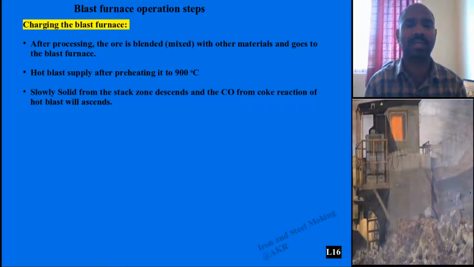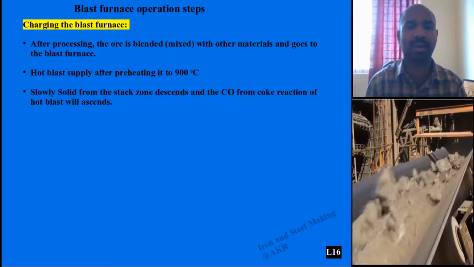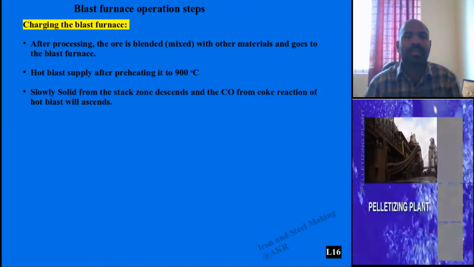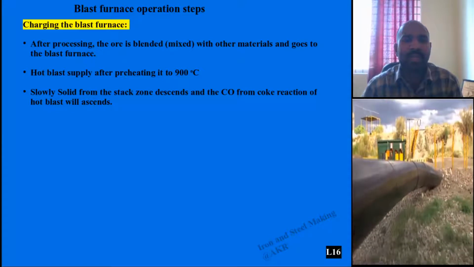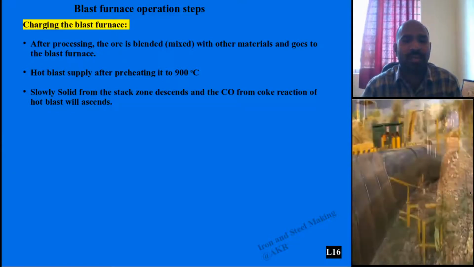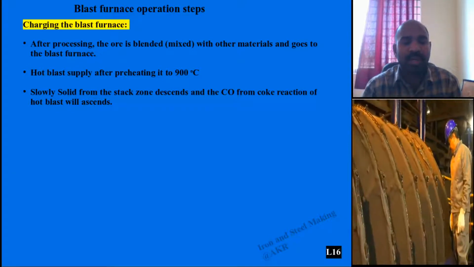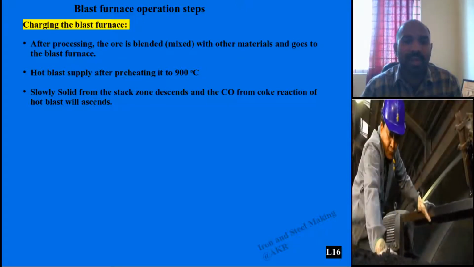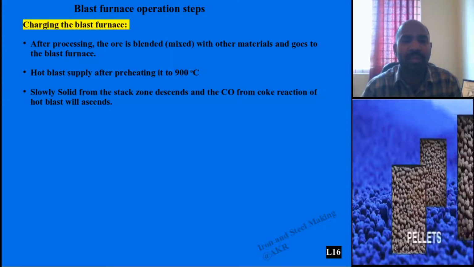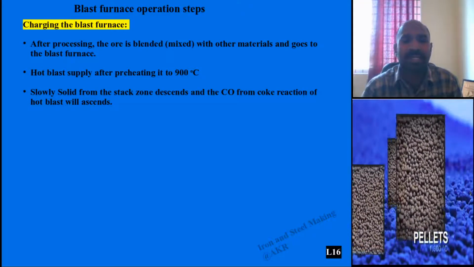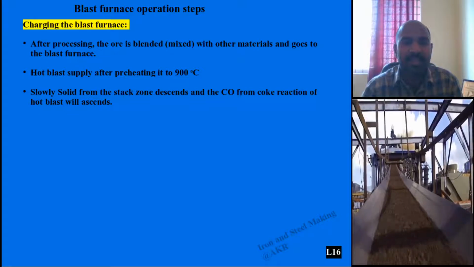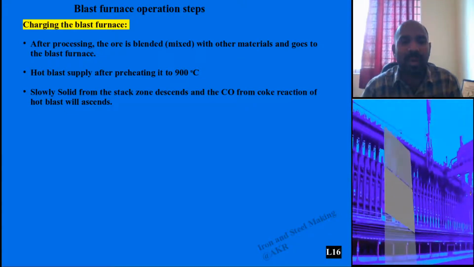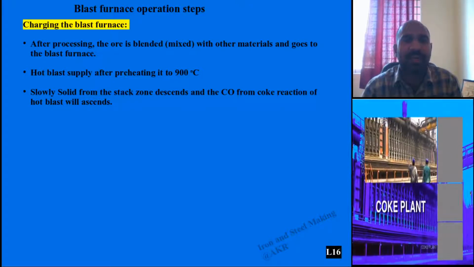That solid charge softens, and as it passes through the chemical reactions with the CO generated from the coke, the CO reacts with the hot blast, and that CO ascends to the top of the blast furnace.